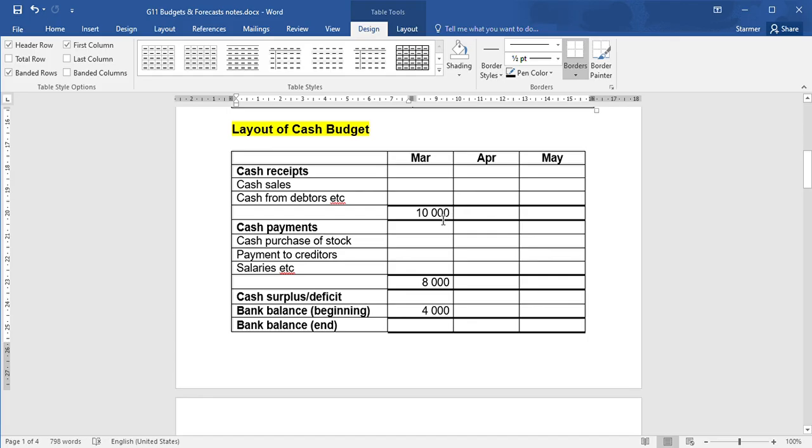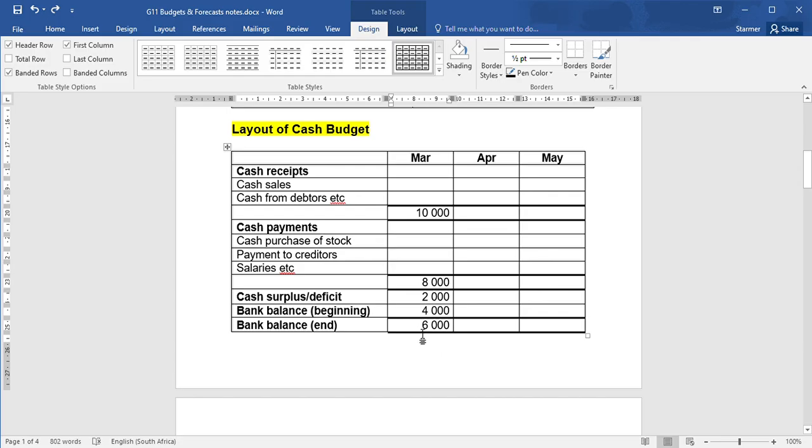If you have cash receipts of 10,000 and you have cash payments of 8,000, that's going to give you a cash surplus there of 2,000. If you then take your 2,000 and you add it to your 4,000 opening bank balance, which will get given to you, you will have a bank balance at the end of March of 6,000.